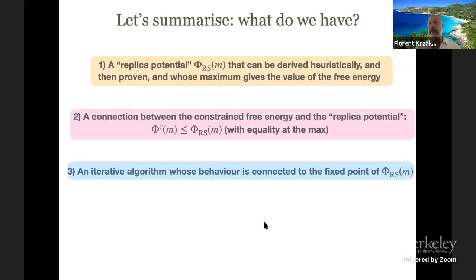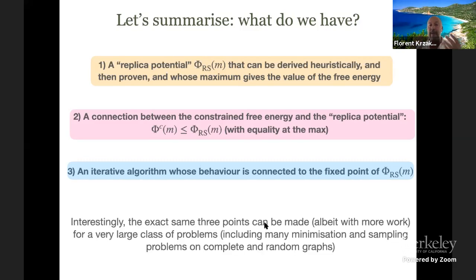All right, but that was for a very simple problem. So why is this interesting? The reason is that the exact same 3 points can be made true for a very large class of problems. And that's basically everything we are going to say in the next 3 lectures. Many minimization and sampling problems on complete graphs, random graphs, diluted graphs, and so on and so forth. A large set of problems, when you study them with that kind of techniques, you find these 3 points.